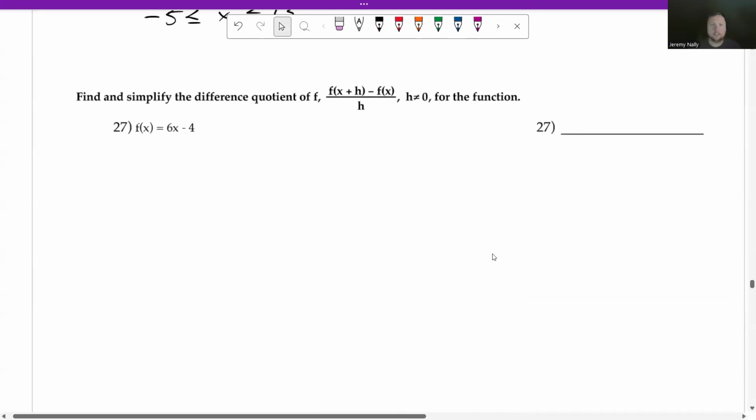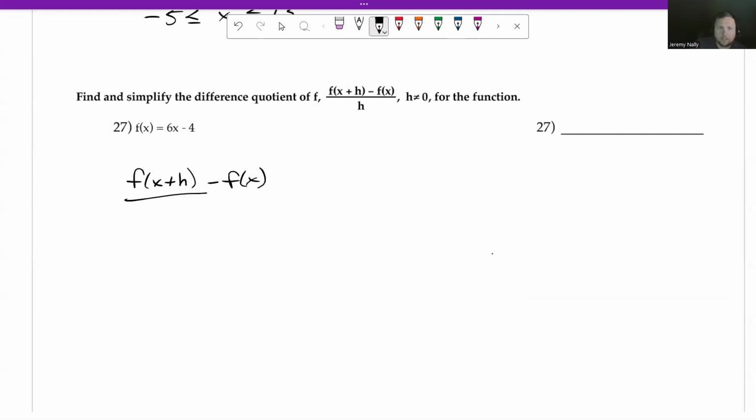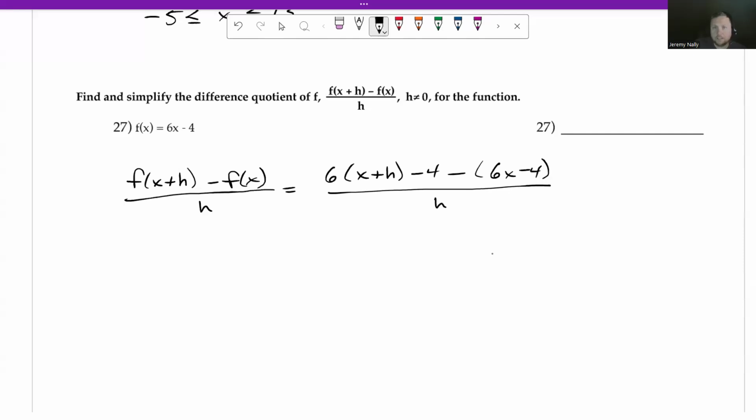Okay. Find and simplify the difference quotient. Okay, so f of x plus h minus f of x all over h. So f of x plus h, that's 6 times x plus h minus 4 minus the original function. Put that in parentheses. And then our goal with the difference quotient is to cancel the h on the bottom correctly.